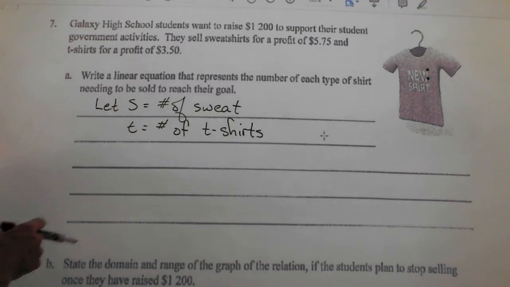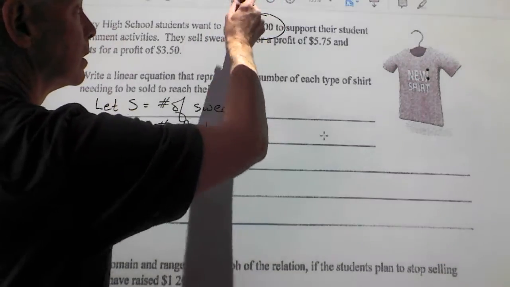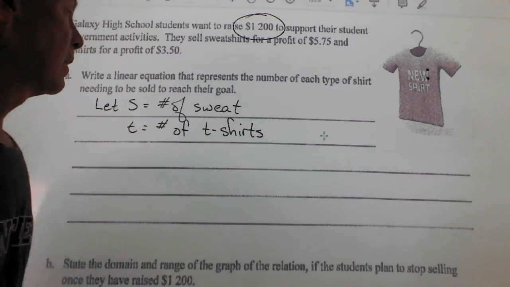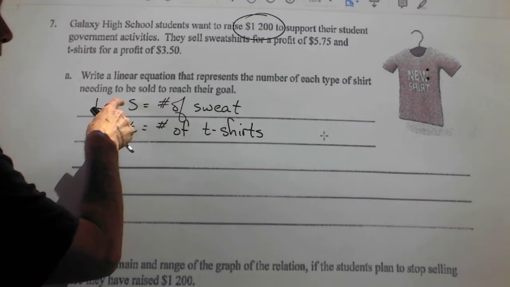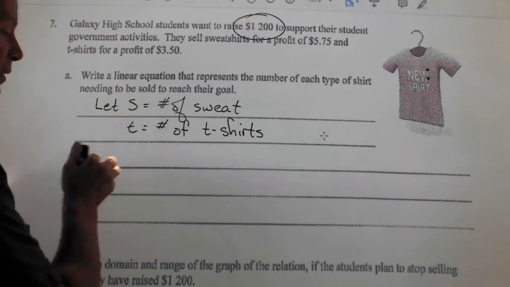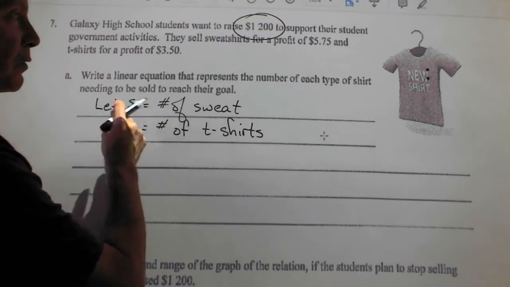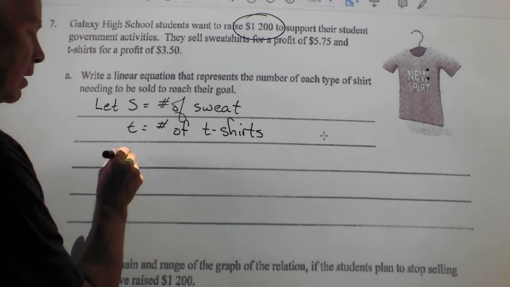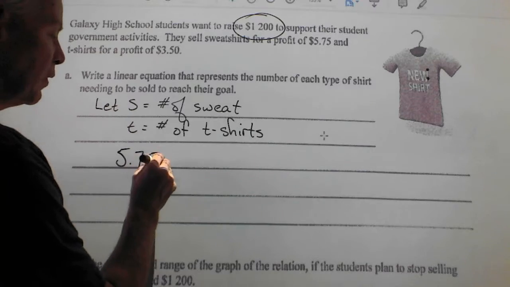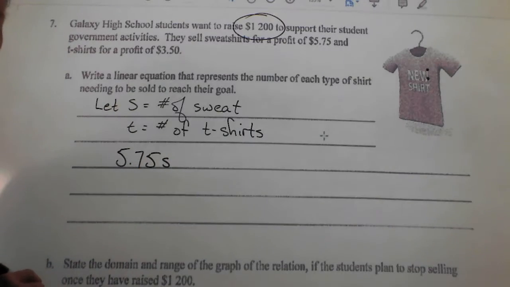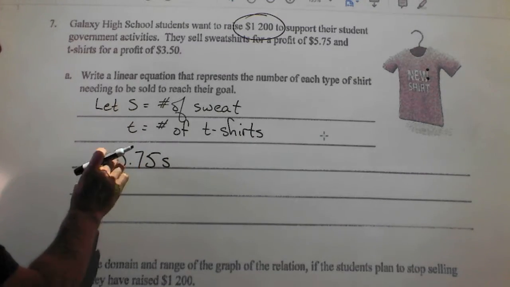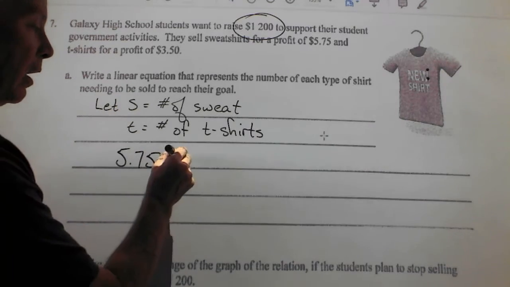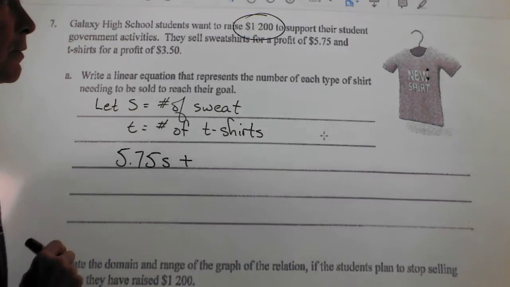reach their goal. And their goal is right there, $1,200. So, we have a certain number of sweatshirts, and for every sweatshirt we sell, we make this much money. So, the amount of money we can make by selling sweatshirts is this term here. $5.75 times the number of sweatshirts. But we're also selling t-shirts.